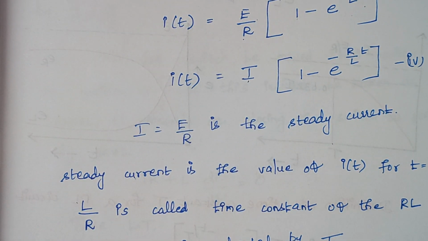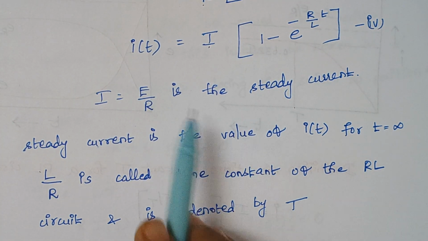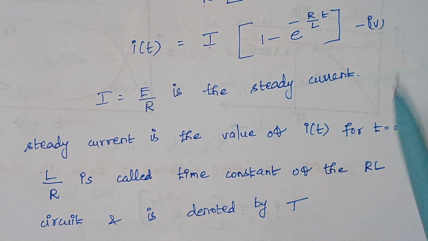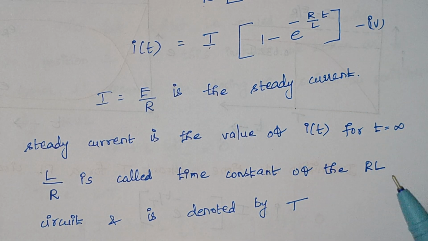Now from this expression, the steady state current is reached when the value of t is infinity. That is, you are turning on the switch and you are leaving it as such for some duration.